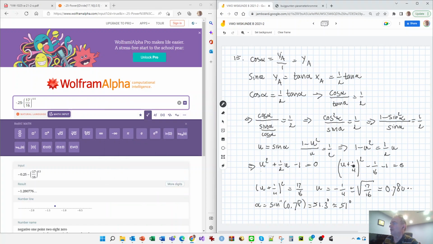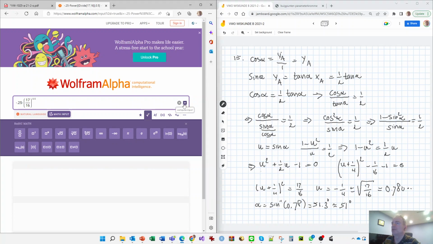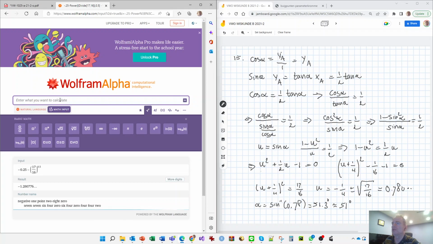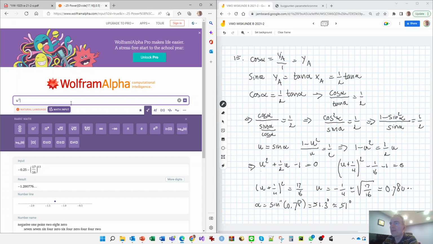Yeah, again, I don't think there's a lot of value in splitting the square here. That will be necessary if they want an exact number. What we could have done is just plug in this equation, and I should get the same answer. If not, some mistake was made.